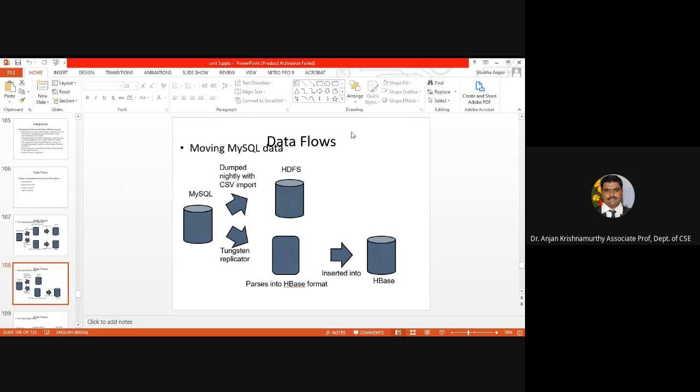You replicate and parse the entire database of MySQL tables and convert it into HBase format. That is, you are converting a row-column method into a column method format, and finally that is inserted programmatically into an HBase system. So this is how you convert MySQL data into HBase.